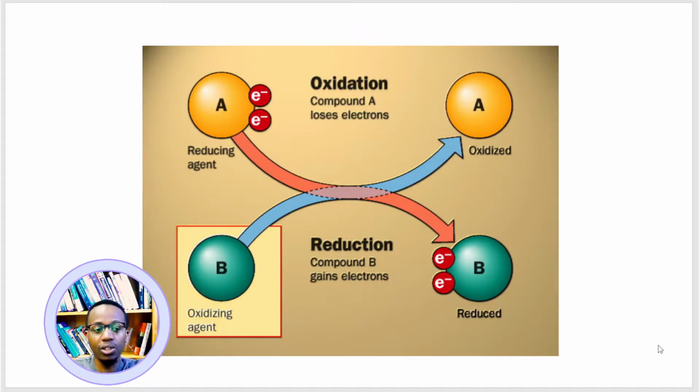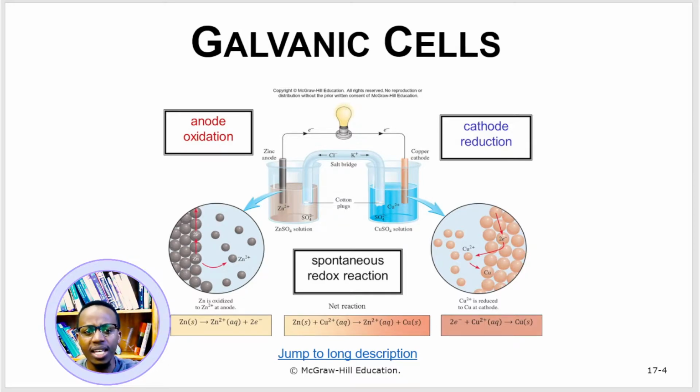And how does it look in a chemical reaction? This is an example of what we call an electrochemical cell or a galvanic cell. How does this work? This is a very beautiful way you can use a chemical reaction to drive electricity, to produce electricity. And how does that happen?